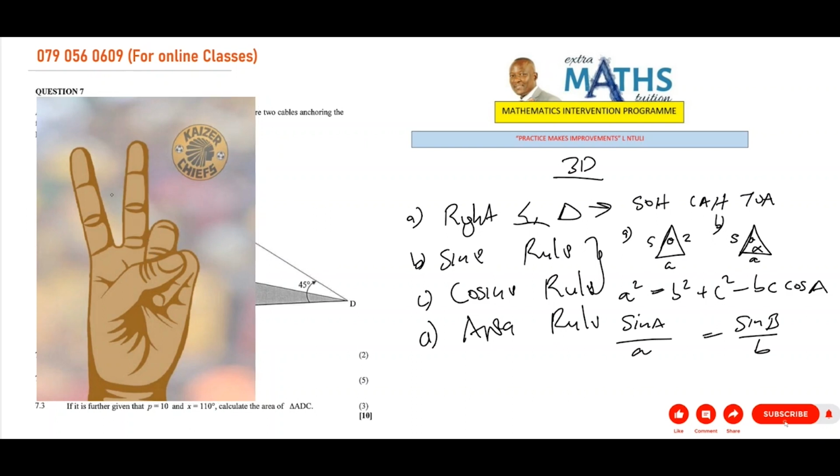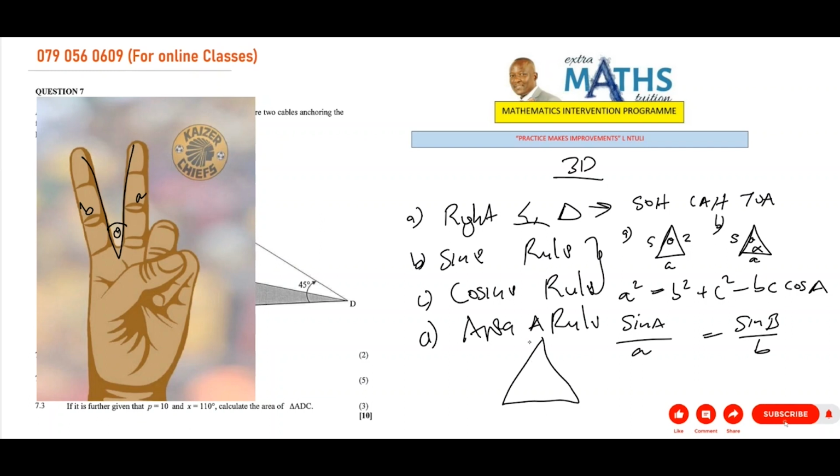Why do we say so, guys? This is your first finger, your other finger, and your angle in the middle. It means this is your theta, this is your A, and this is your B. Once they say calculate the area, it means you must be a supporter of Kaiser Chiefs, right? Let us put this into practice.